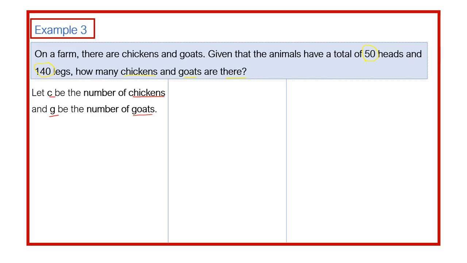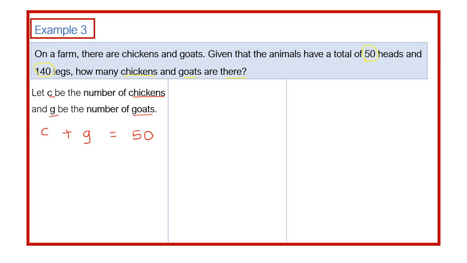So we can come up with a pair of simultaneous equations. If we have chickens plus goats, we will have 50 heads, since a chicken has got 1 head and a goat has got 1 head.